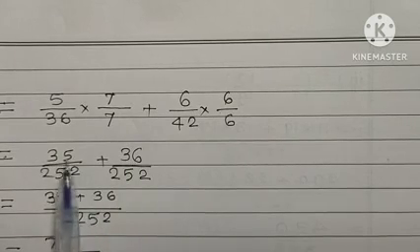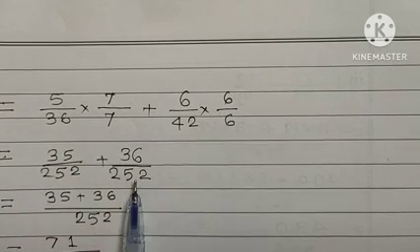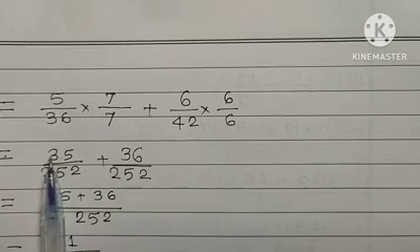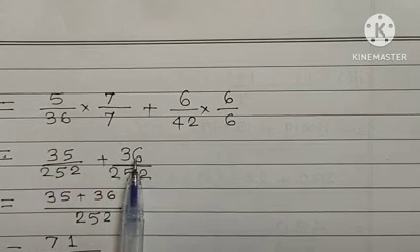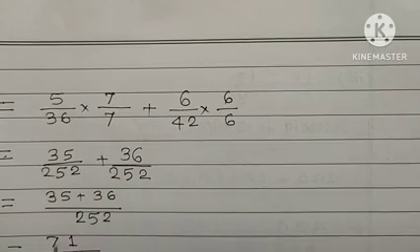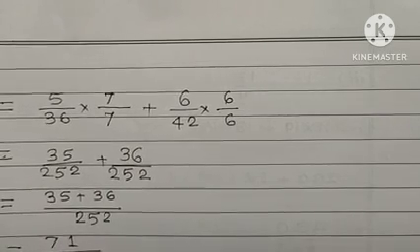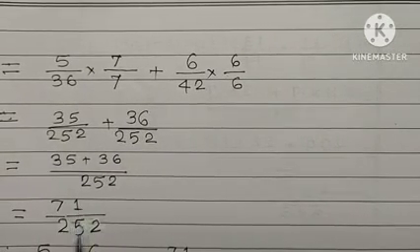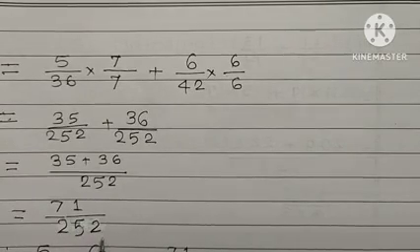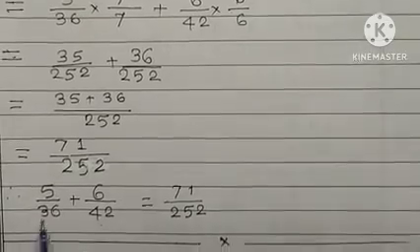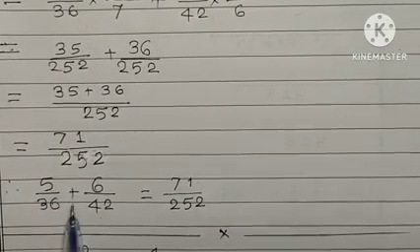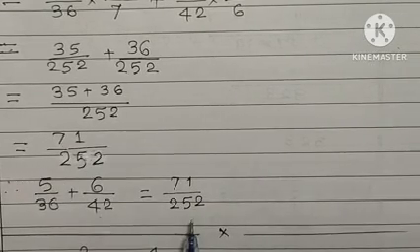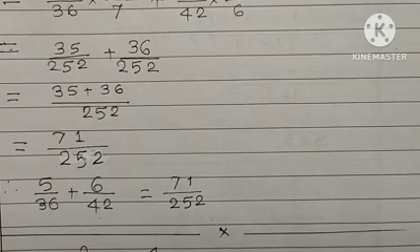Because both denominators of these two rational numbers are equal, you can add the numerators. 35 plus 36 is 71 upon 252. Therefore, the addition of these two numbers, 5 by 36 plus 6 by 42, is 71 upon 252.